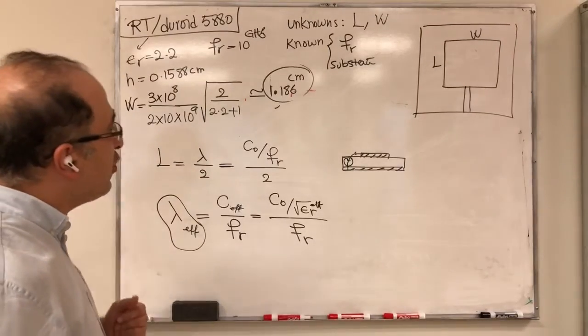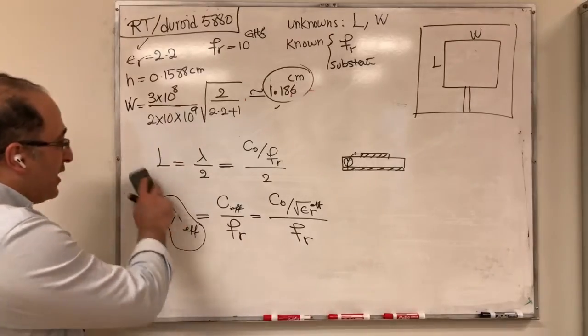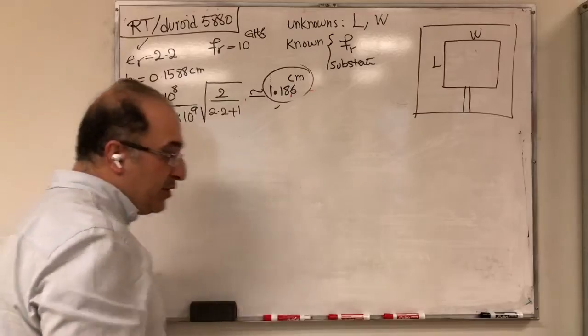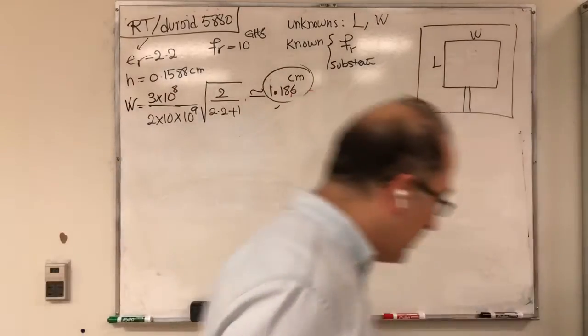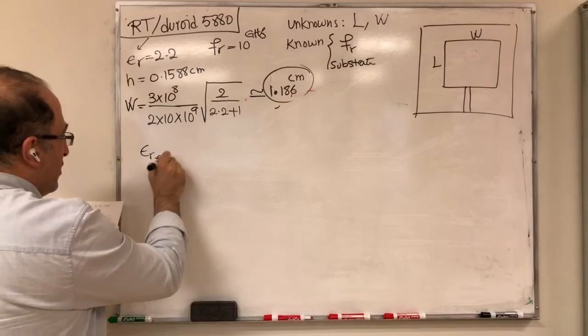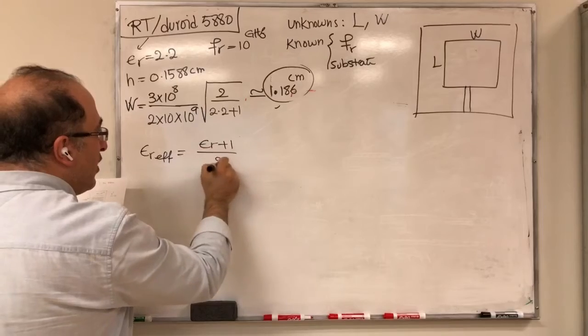So the next step for us would be to have the expression for epsilon r effective, and I'm just going to write that here. Epsilon r effective becomes epsilon r plus 1 divided by 2.